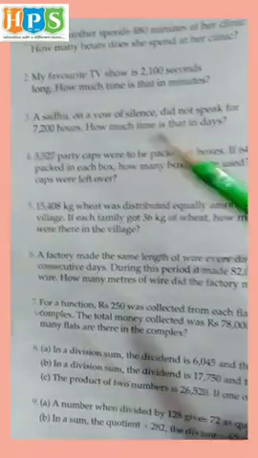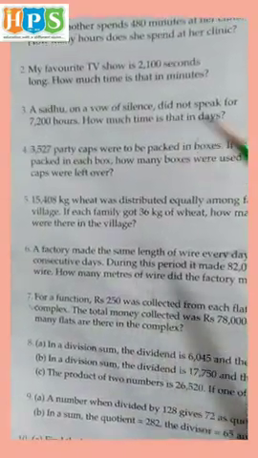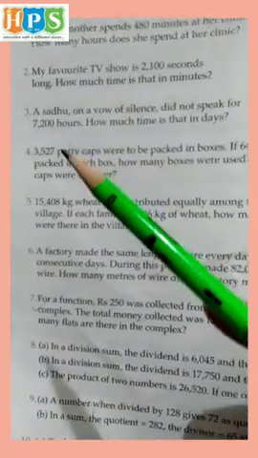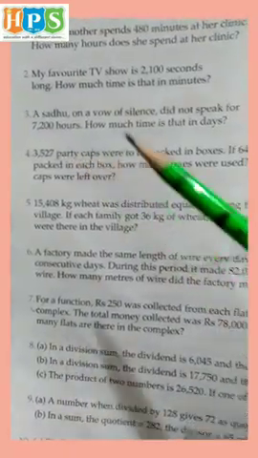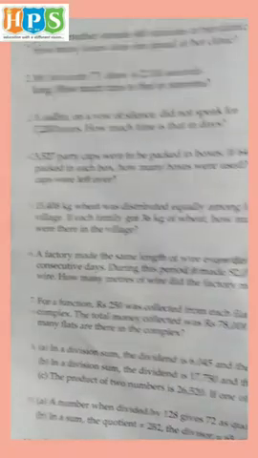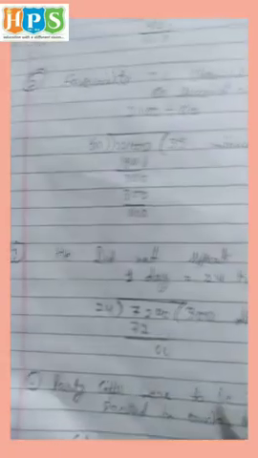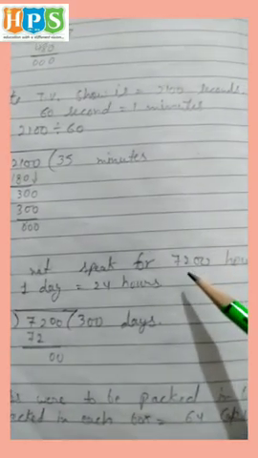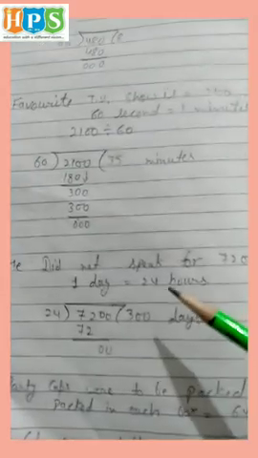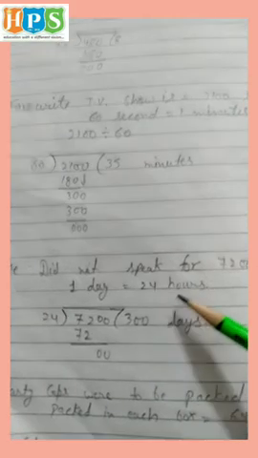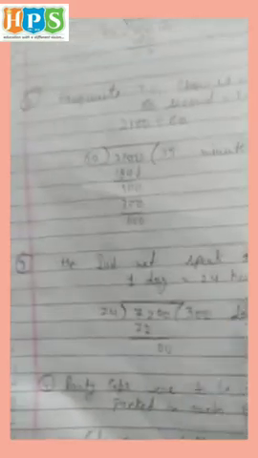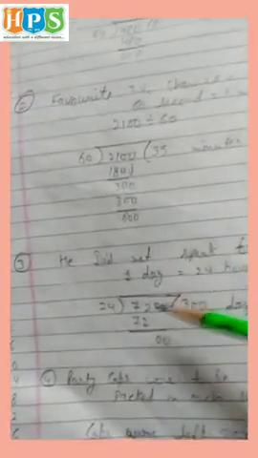Question number 3. A sadhu on a vow of silence did not speak for 7,200 hours. How much time is that in days? Question number 3 solution. He did not speak for 7,200 hours. 1 day is equal to 24 hours. So we divide 7,200 by 24.